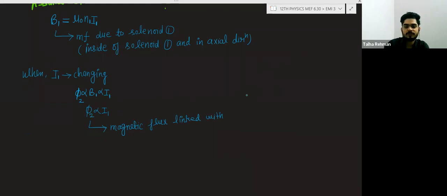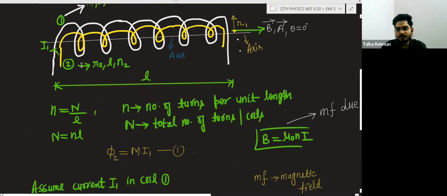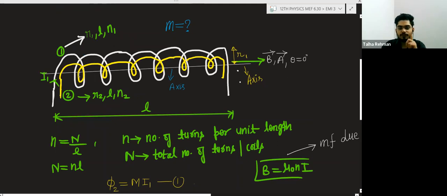So basically, first we will calculate the magnetic flux for one coil of this yellow color solenoid.